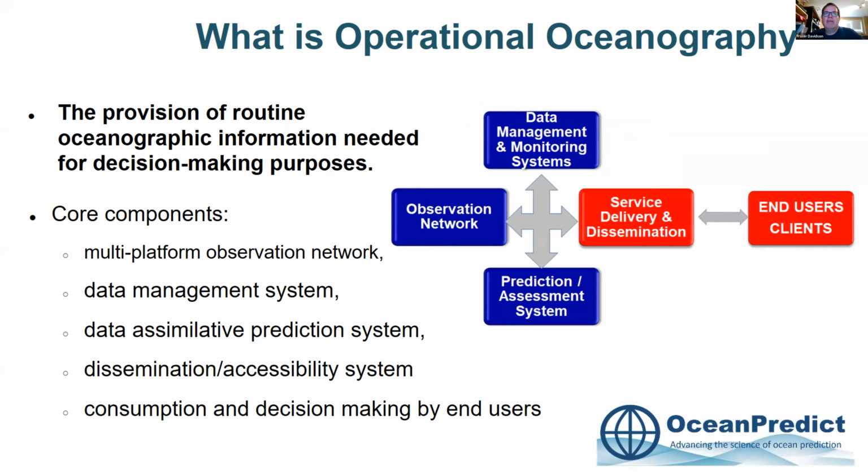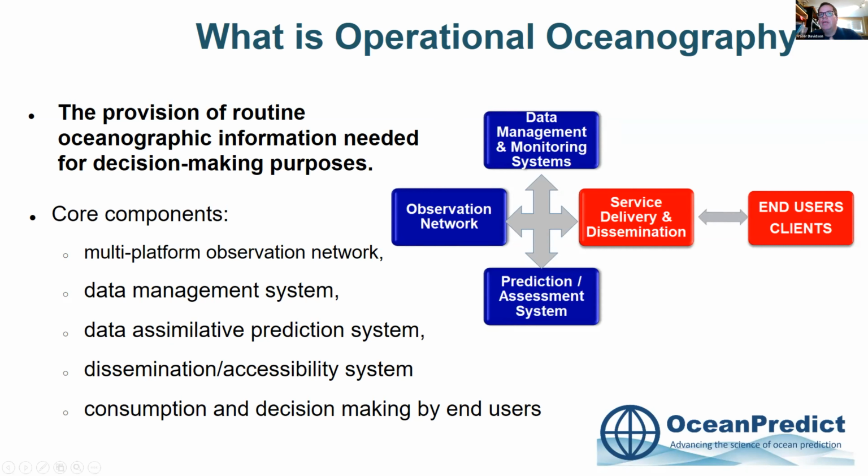So operational oceanography is really the provision of routine oceanographic information, whether it's for reanalysis, or for the long-term future, or for the immediate next 2 days at high resolution. The idea is that it's a structured, routine, operational way of delivering information, just like in the weather forecasting network.